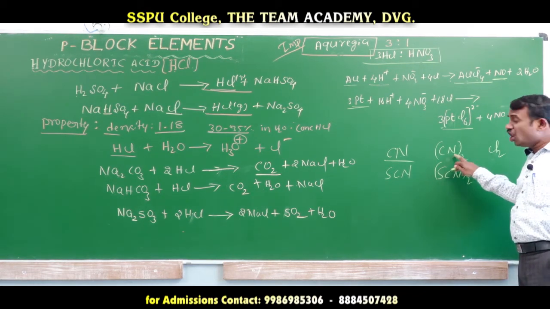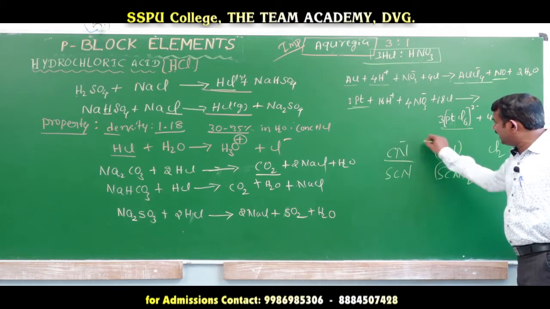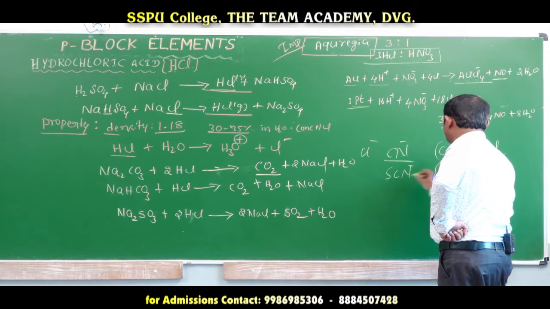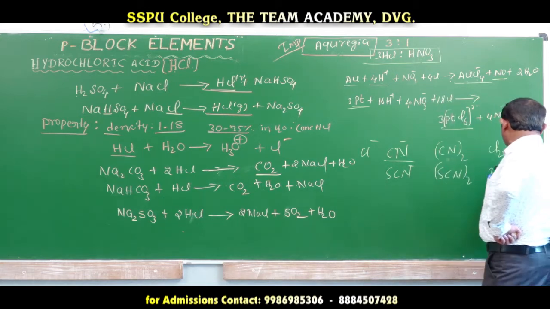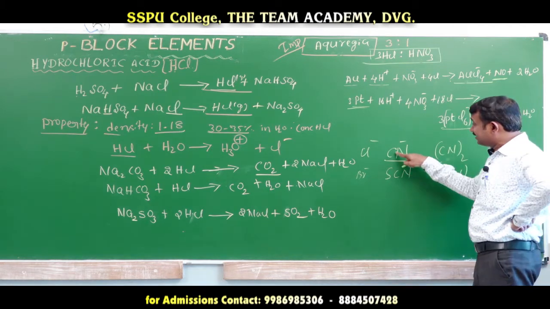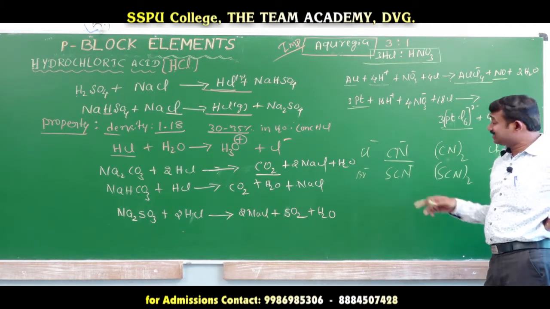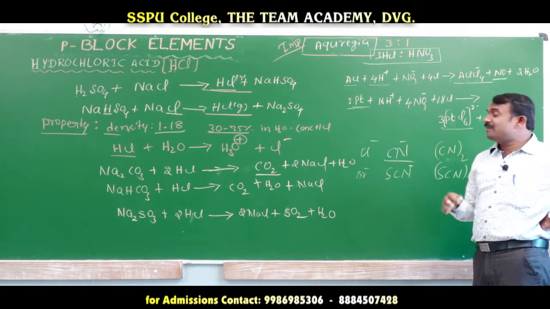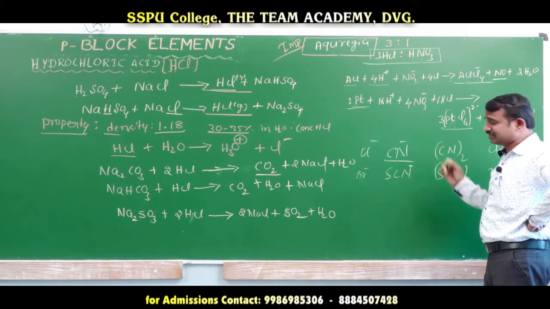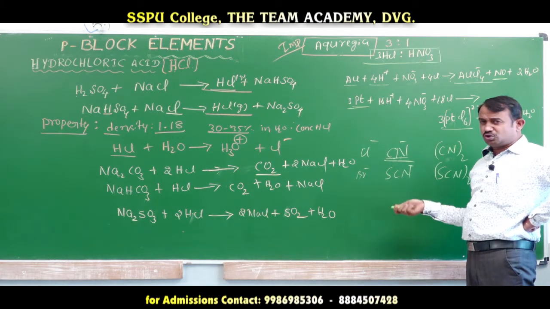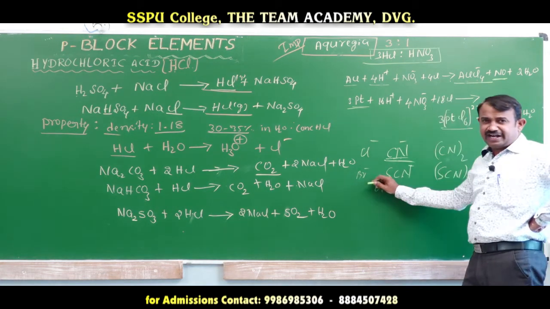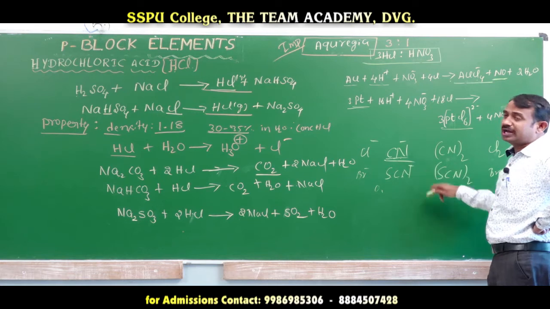Halogen, pseudohalogen: Cl minus, chloride; Br minus, bromide; and isocyanide, thiocyanide resemble the halogens, so they are called pseudohalogens. Cyanide, thiocyanide, oxycyanide are all pseudohalogens.